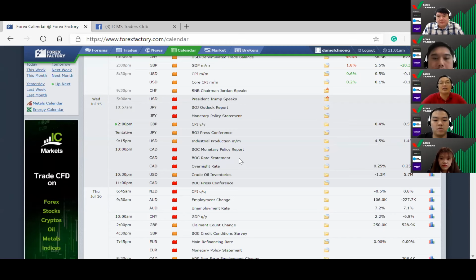US COVID-19 is on the rise. Some states are going to shut down again, and they are more cautious this time. So overall, I think the policy statement is most likely going to say no change in the current policy, same as Japan. The Bank of Japan is going to be as it is.